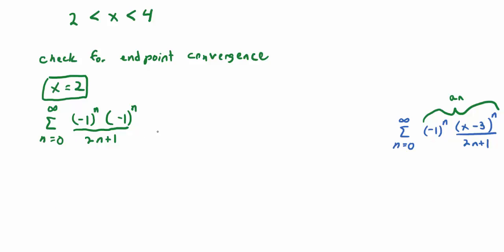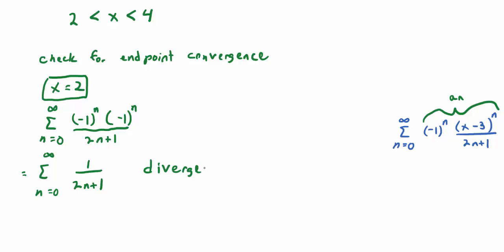So what does this become on top? Yeah, it becomes -1 to the 2n, or -1 to the n squared. It's always positive then, right? Now this diverges.